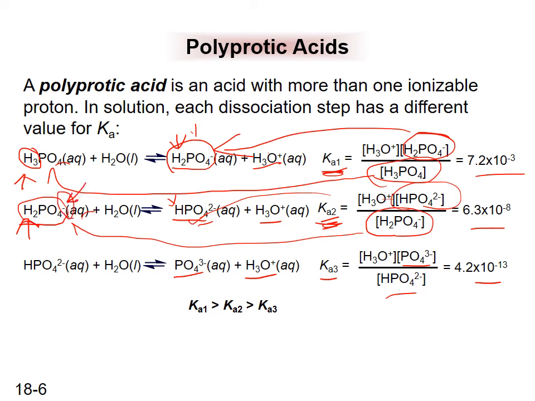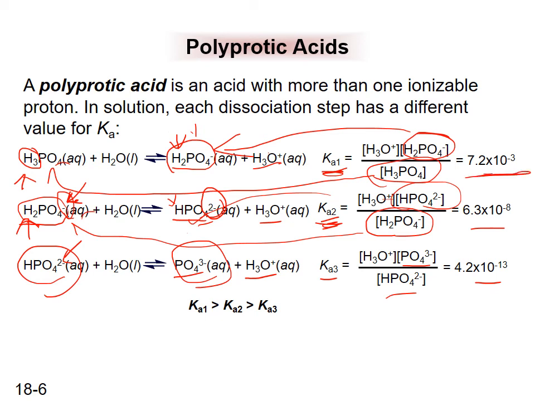To make hydrogen phosphate, which has 2 negative charges, you need to add another negative charge, which makes it harder. Now hydrogen phosphate already has 2 negative charges. To make phosphate anion, another negative charge needs to be added, and so it makes it even harder. And that's why the reaction becomes more difficult. So the K constant decreases.